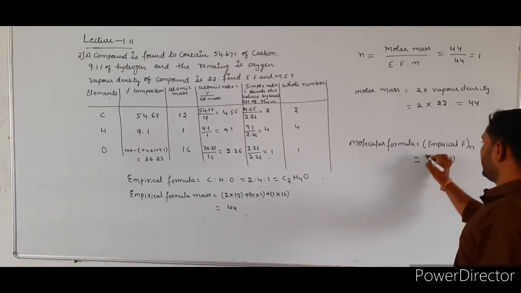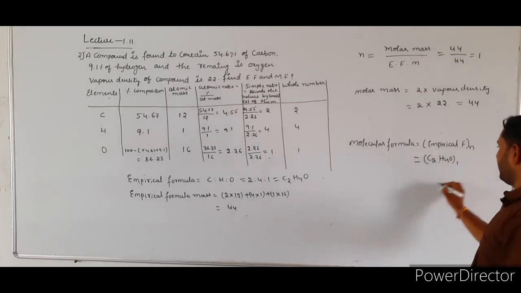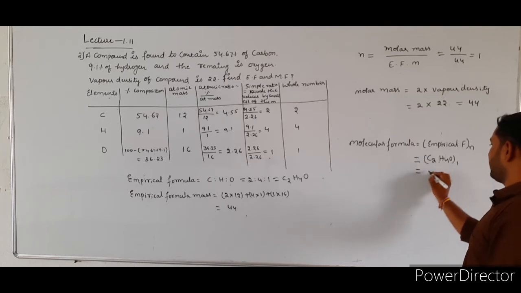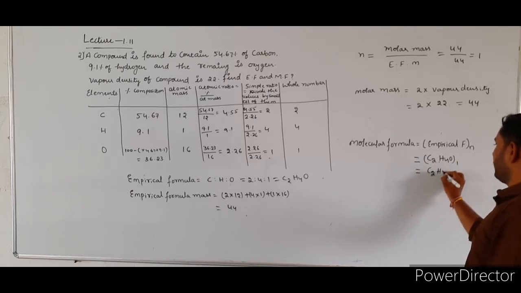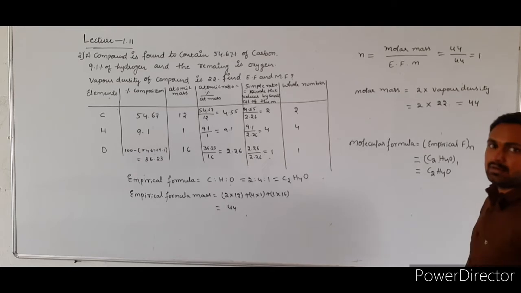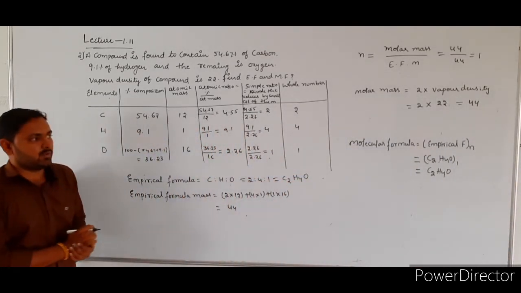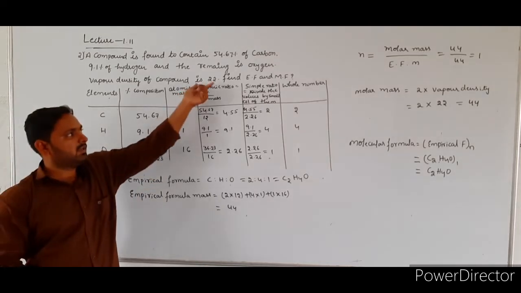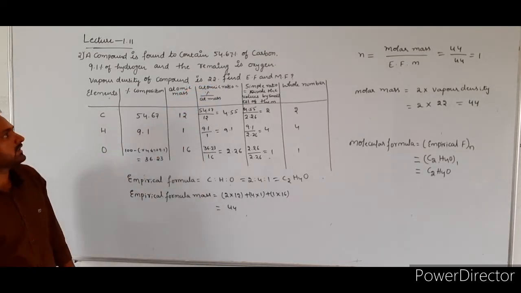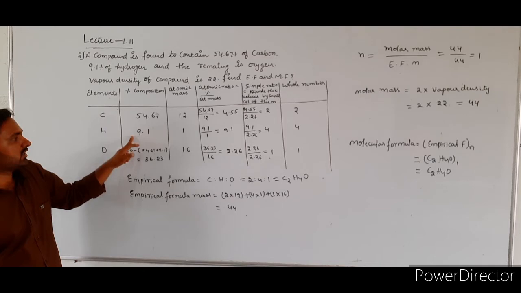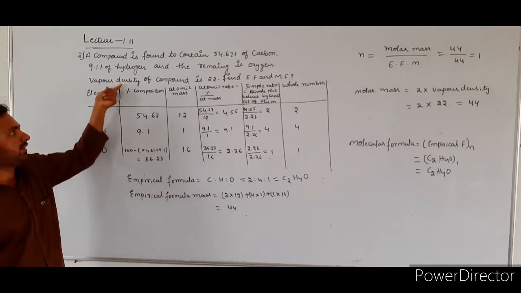C2H4O. Now, what is the N value? 1. Then you will get the molecular formula as C2H4O. This is the molecular formula. In this way, you have to find out the empirical formula and molecular formula by using the percentage composition of elements and vapor density.